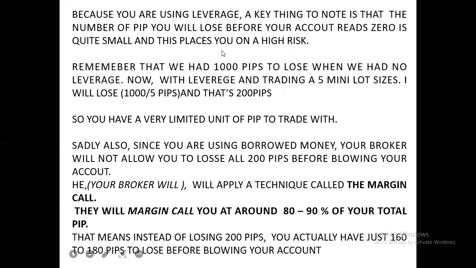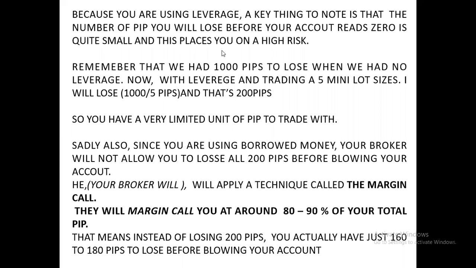And this places you at high risk. So remember that we had 1,000 pips to lose when we had no leverage. Now, with leverage and trading a 5 mini lot size, what will I lose? I'm going to lose the amount I'm committing, which is 1,000 US dollars, divided by the value of pips in the lot I am currently operating on.